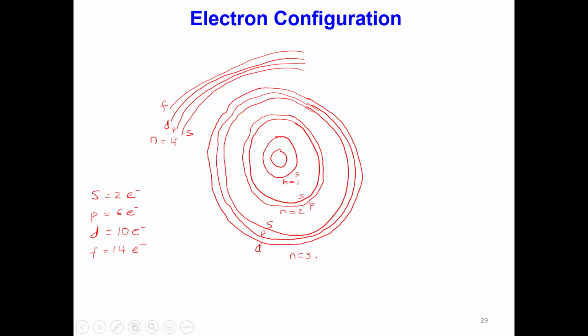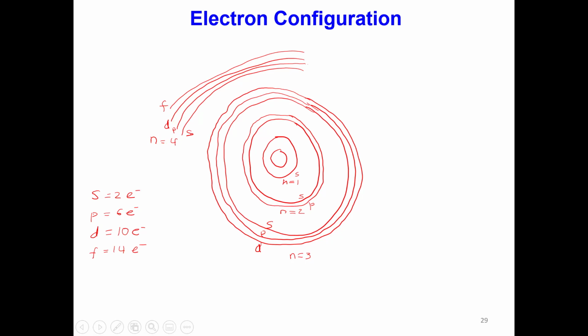For the n equal 3, we can just distribute the electrons, 2 in the S subshell, 6 in the P subshell, 10 in the D subshell. For n equal 4, for the fourth energy level, we can just distribute the electrons in this way. 2 for the S subshell, 6 for the P subshell, 10 for the D subshell, and 14 for the F subshell.